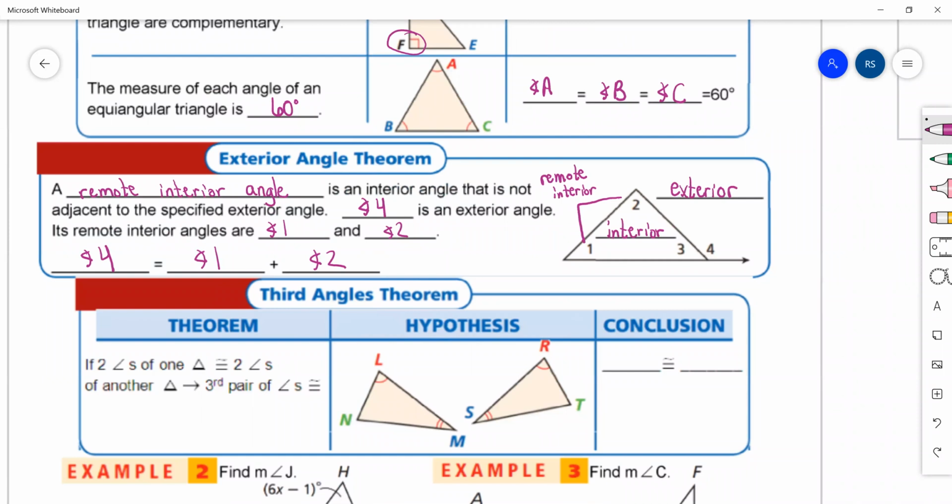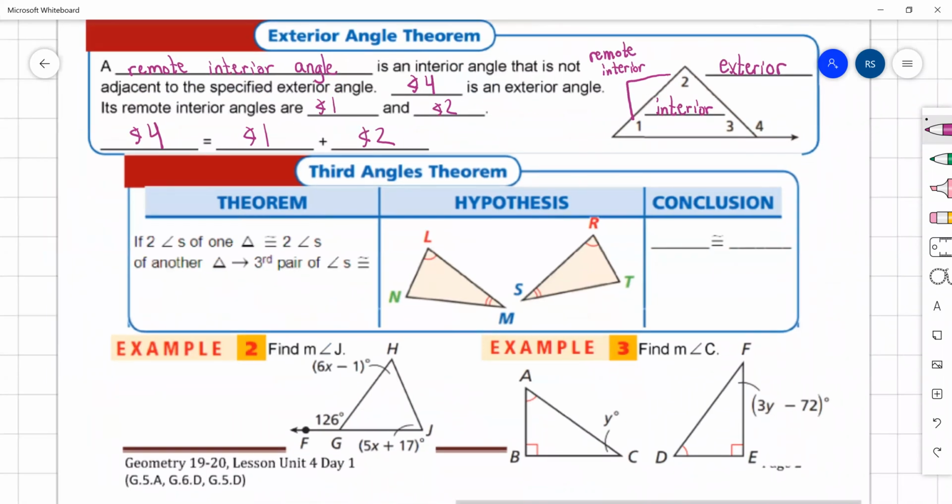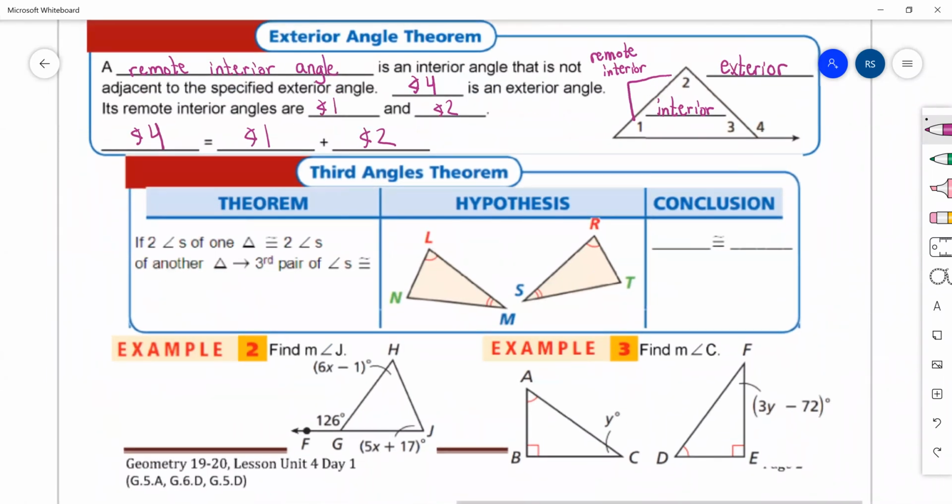So let's actually go work an example with that. We'll come back to this other theorem. While that's fresh on our mind, let's work an example with it. So they ask us to find the measure of angle J. They want us to find this value right here.